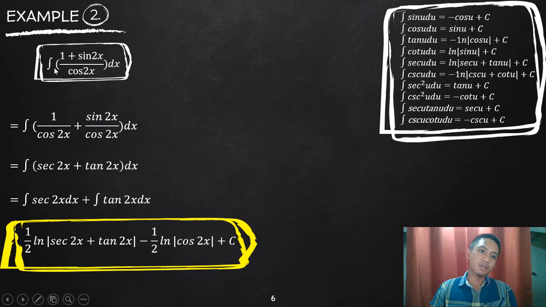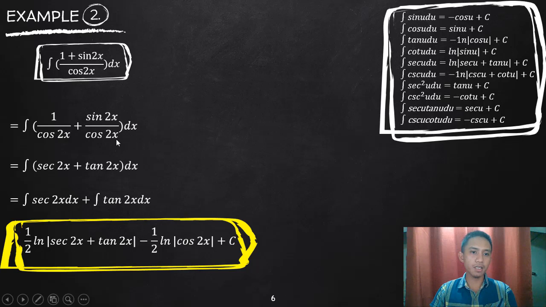If you look at this example, it looks complicated because of this bar. You have 1 plus sine 2x all over cosine 2x. In the solution here, we can distribute, since your divisor is just a single term, in each term of your numerator.